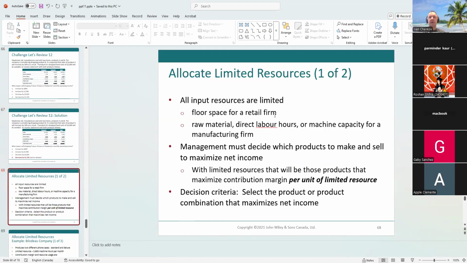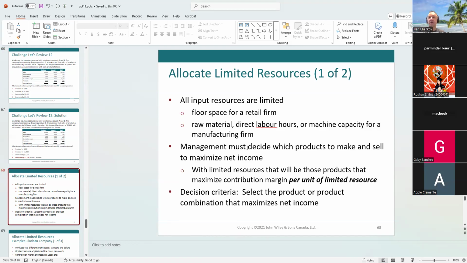Now let's see allocating limited resources. The tricky part here is you're always going to have some limited and some unlimited resources. The question is how we're going to deal with those limited resources. We may have input limitations, some restriction on the raw material, direct labor, machinery capacity, anything like that.